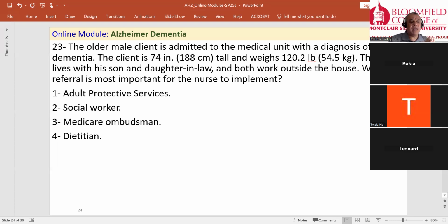So the Adult Protective Services should only be called if willful neglect or abuse of the client is occurring.